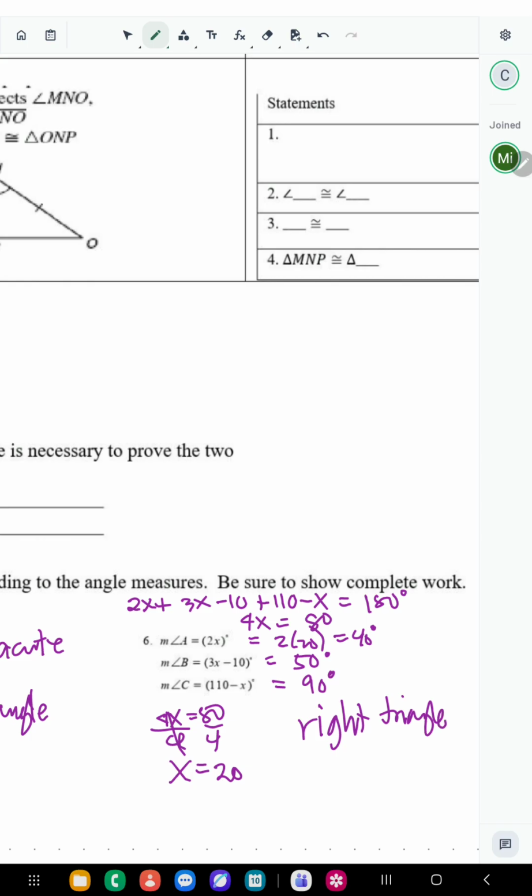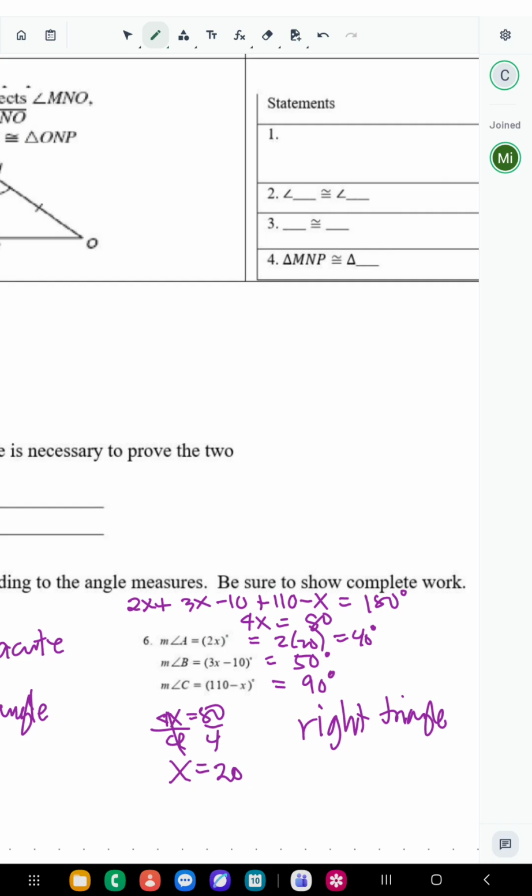Take note that if you want to classify triangles by angles, we have acute, right, and obtuse triangles. Acute means all the angles are less than 90 degrees. Right triangle, one of the angles is equal to 90 degrees. Obtuse, one angle is greater than 90 degrees.